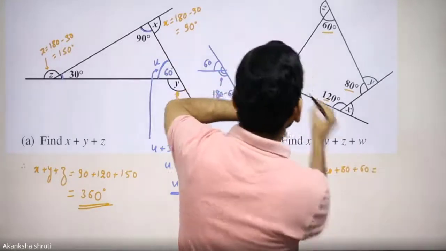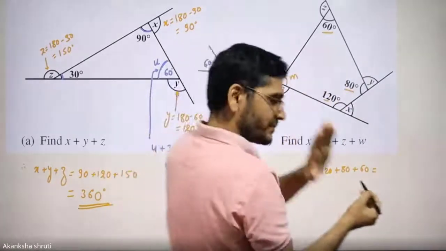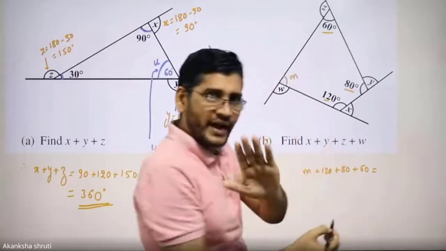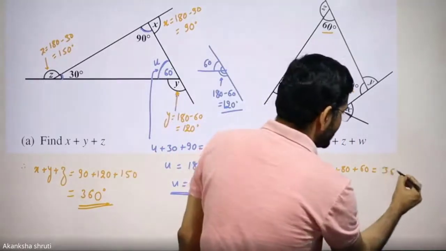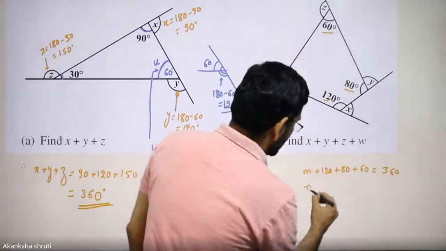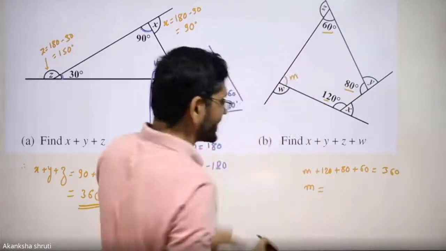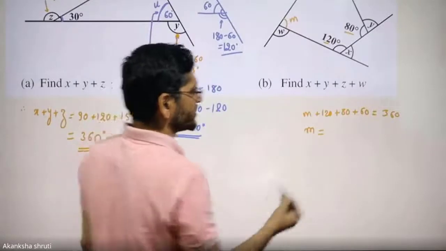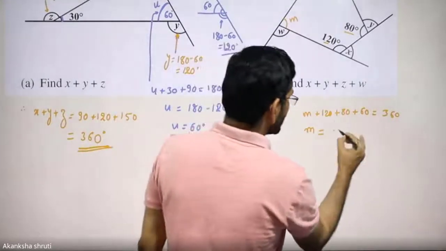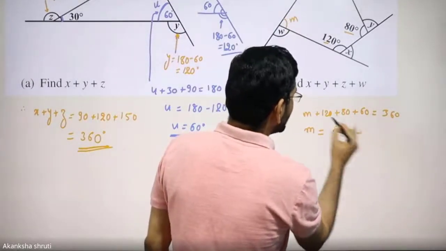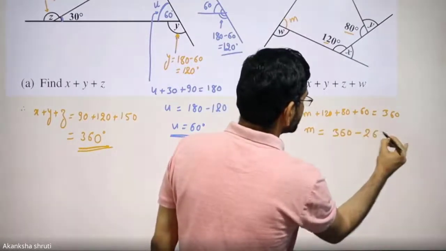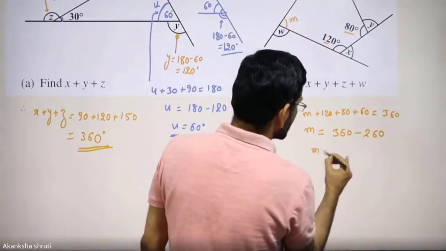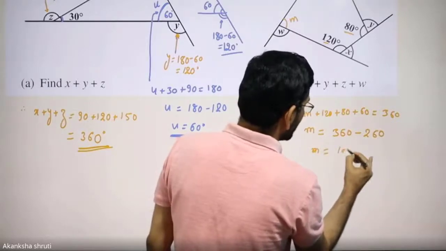This is a quadrilateral, meaning 4 sides, so (4 minus 2) times 180 will give us 360 degrees. So this internal angle M can be calculated by 360 minus 260, bringing it to the other side. So this internal angle is 100 degrees.